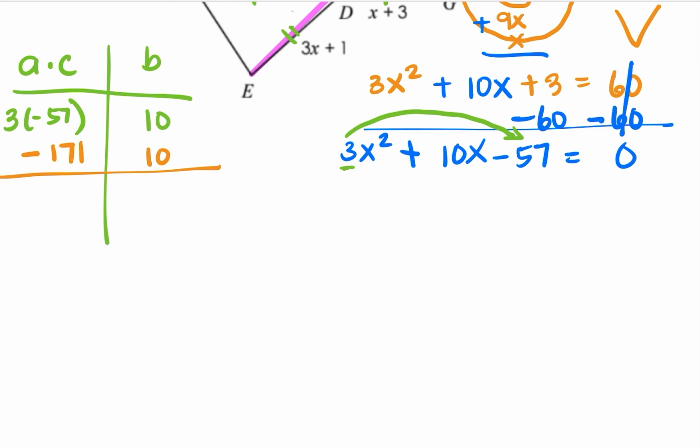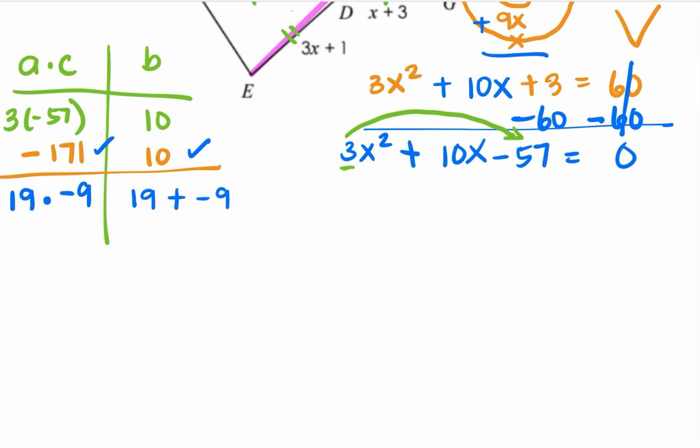In such a way that when we add the two factors, that should give us our b value, which is 10. So we have positive 19 times negative 9. If we multiply 19 times negative 9, that should give us negative 171. And 19 plus negative 9 gives us our b value. So we found the factors.